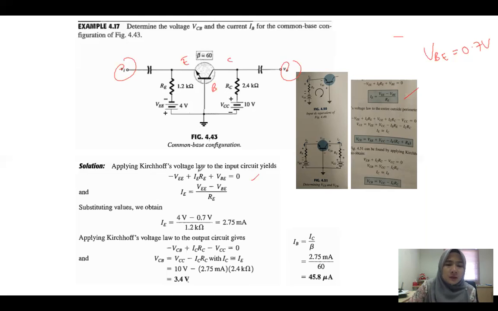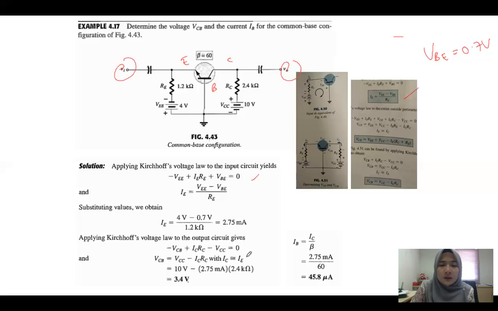Next, applying Kirchhoff voltage law to the output circuit. This is the output circuit. So you will get negative VCB plus ICRC minus VCC equals 0. When you assume IC equals IE, you get VCB equals VCC minus ICRC.